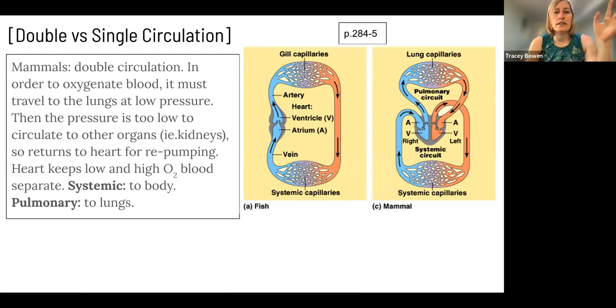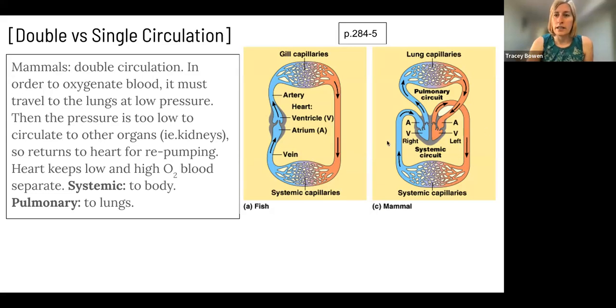And then once it's coming out of the lungs, it would be too low of pressure for other organs. So your kidneys actually need things at pretty high pressure because they need to filter your blood through the glomerulus. And in order for that to happen, it needs to be a high pressure system. And so it's got to return back to the heart for repumping before it circulates out to the body.